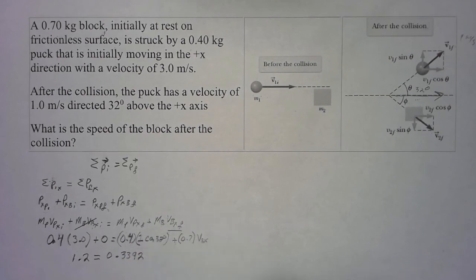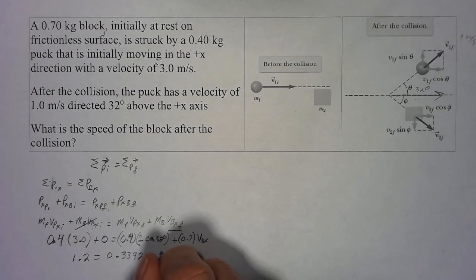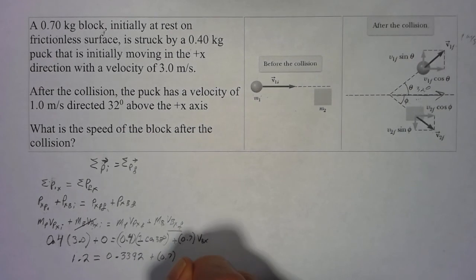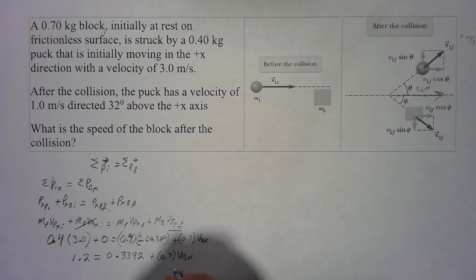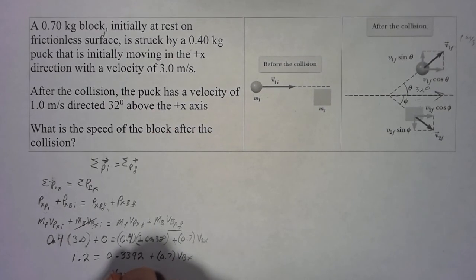I'm going to carry out extra digits, and to that we add the 0.7 v_bx, and when we work that all out, we get 1.297 positive.